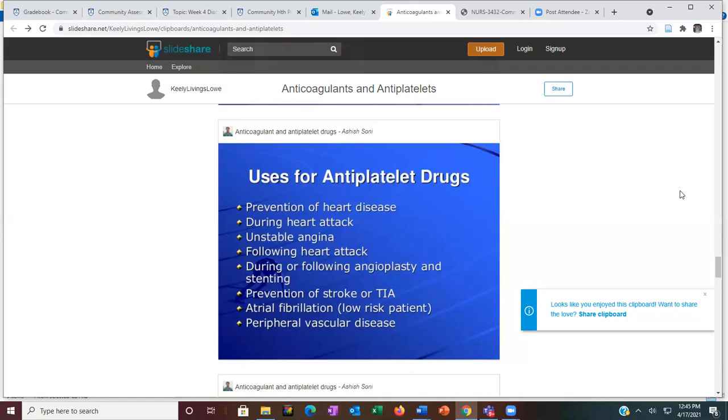So maintenance therapy during or following angioplasty or stenting. So what this means is that if I want something that's going to act for only a certain period of time, so I've had an angioplasty, which is repair of the blood vessel, while I'm having that procedure and the days after that procedure, I want to prevent blood from sticking to that. And those platelets will stick to that because they're artificial.